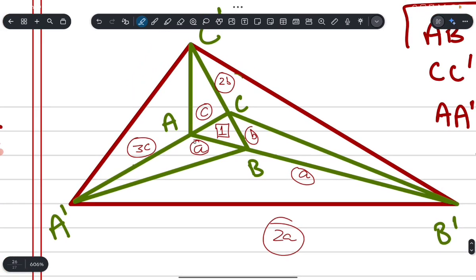So if you notice, the ratio of this is the same, 1 is to 1. A is to A is 1 is to 1. Also notice that the area of this triangle and this triangle would share the same ratio. So if this is 1, this is also going to be 1. Exactly like that. This is C, this is 3C. The area is 1.